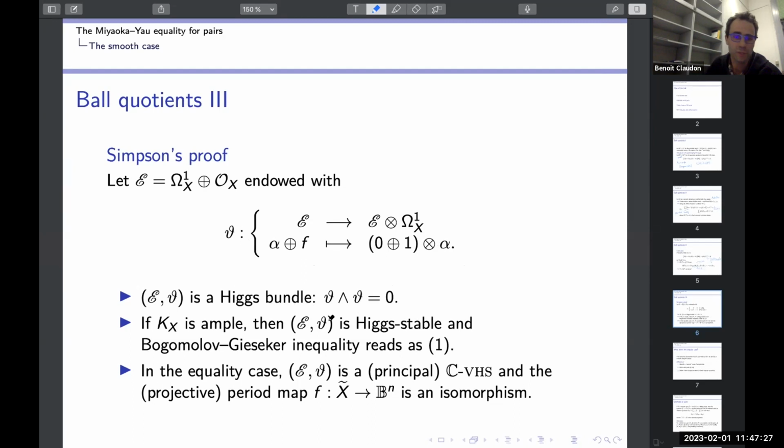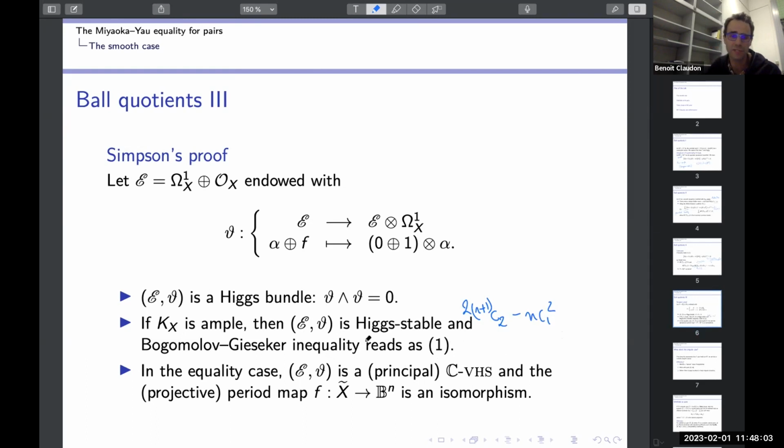And it was observed that if K_X is ample, then this Higgs bundle is stable. And so we have this Bogomolov-Gieseker inequality for (E, theta), and this is exactly our preferred quantity that is non-negative.